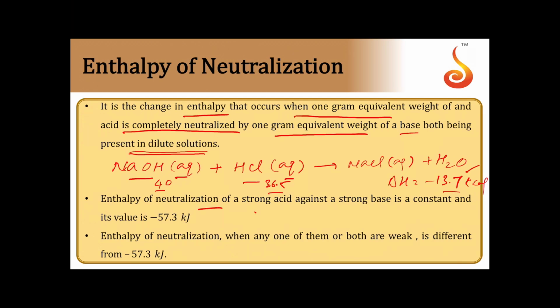Now the enthalpy of neutralization of a strong acid and a strong base is always constant, and the value is minus 57.3 kilojoules, that is, minus 13.7 kilocalories per mole. In the case of a strong acid and a strong base, the molecule undergoes complete ionization.